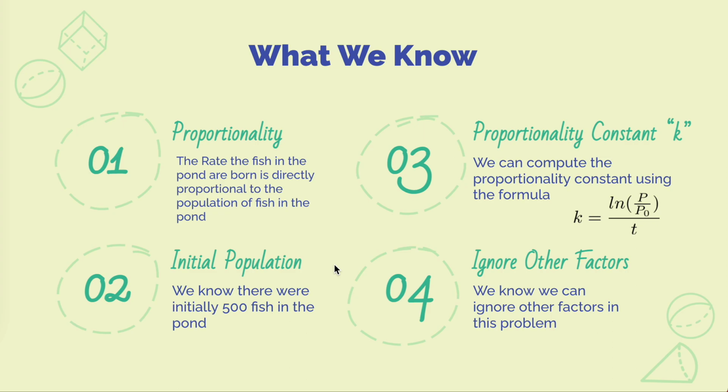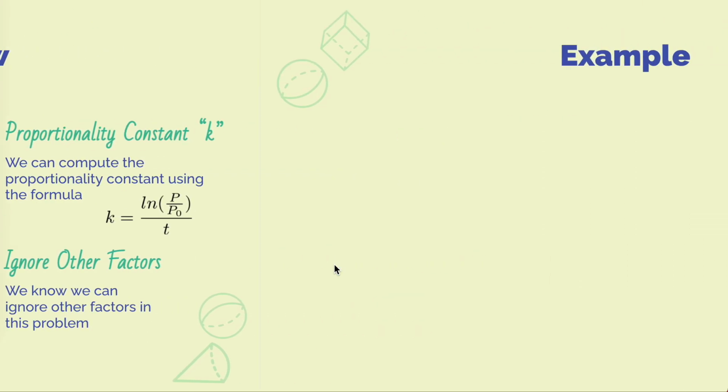But for our case, we were just given two different populations, and so we're just going to have them give us this formula. And then we also know that we need to ignore other factors in the problem.